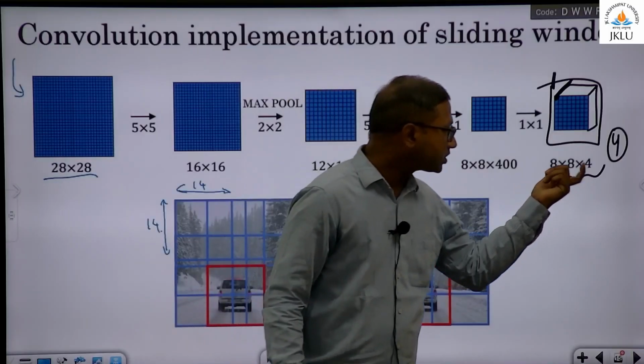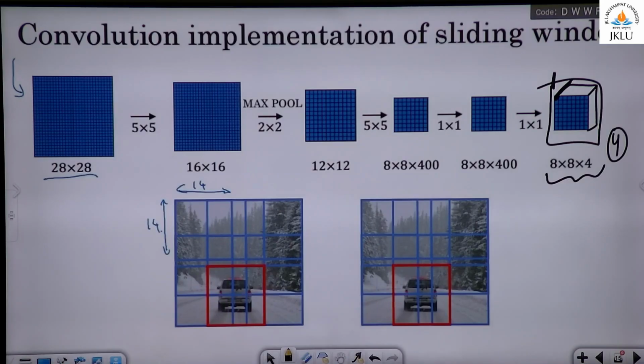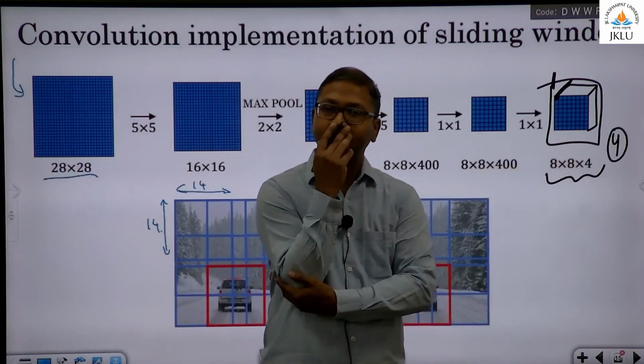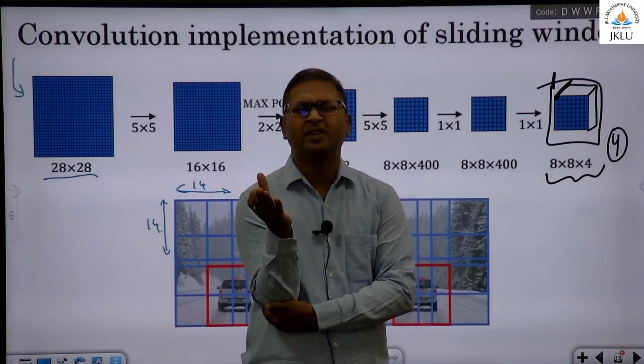So what is this 8 cross 8 cross 4? How many predictions are there? 8 into 8, 16. Sorry, 64.